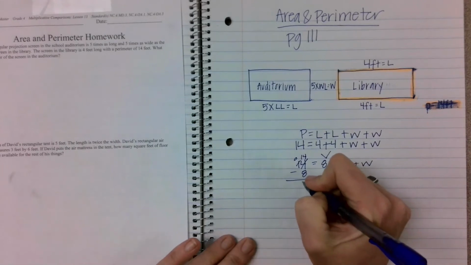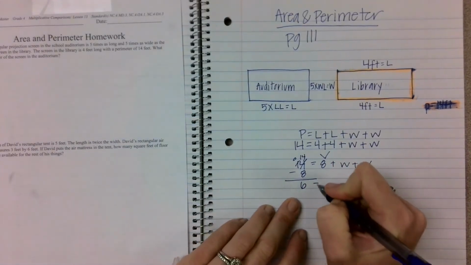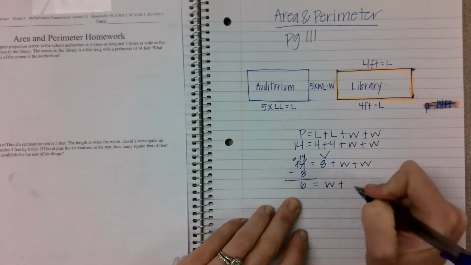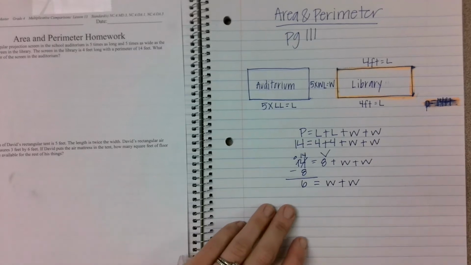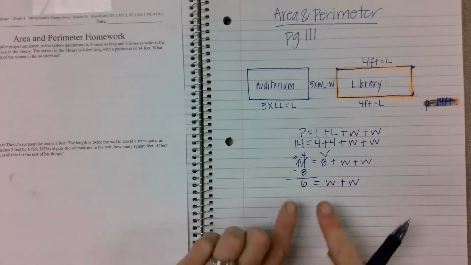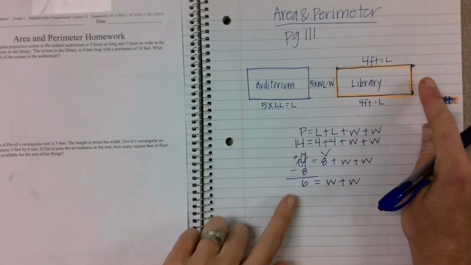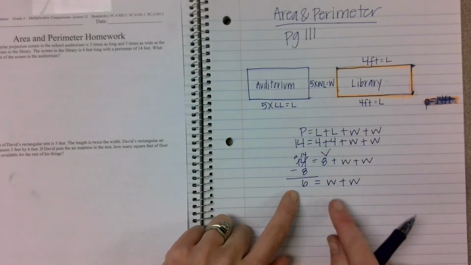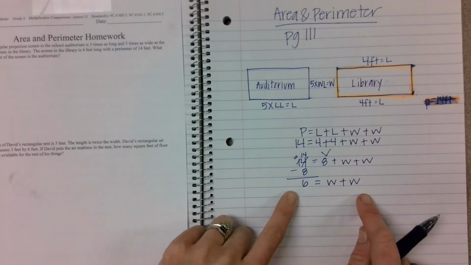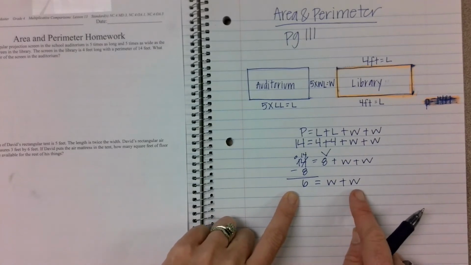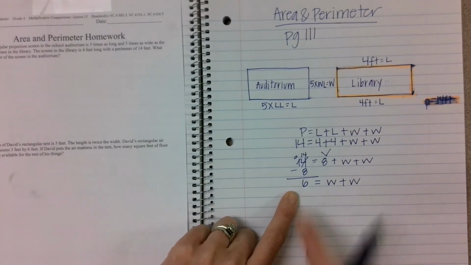That's 6. So 6 equals W plus W. So I know that these two ends are supposed to equal 6. What are two numbers that are the exact same when added together to get me 6?